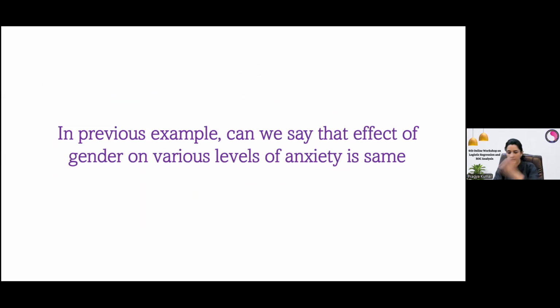So can we say that the effect of gender on various levels of anxiety is the same? Because with increasing levels, every time the odds ratio was maintained. At neither of the levels was it like the female has less or the male has more.